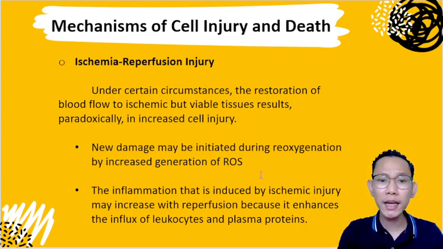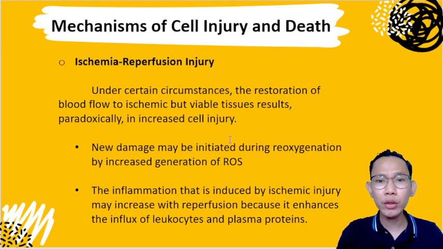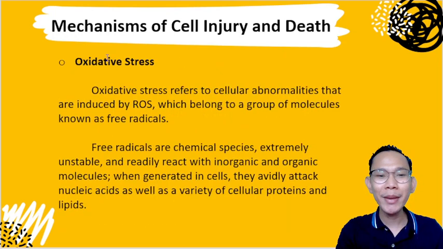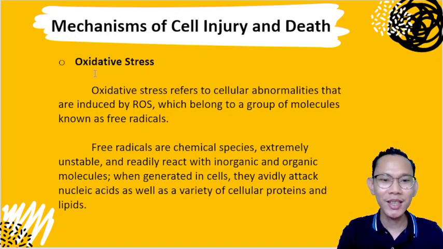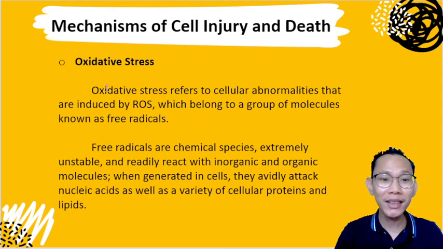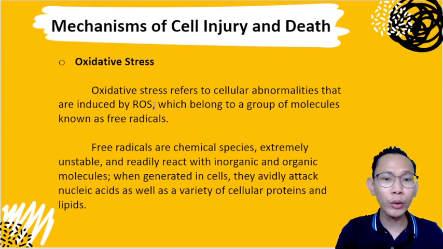Later on, we will discuss how ROS or reactive oxygen species affects cellular injury. So your oxidative stress, at ito yung sinasabi natin yung reactive oxygen species. So your oxidative stress refers to cellular abnormalities that are induced by your reactive oxygen species, which belongs to a group of molecules known as your free radicals. So in short, these are actually your free radicals.